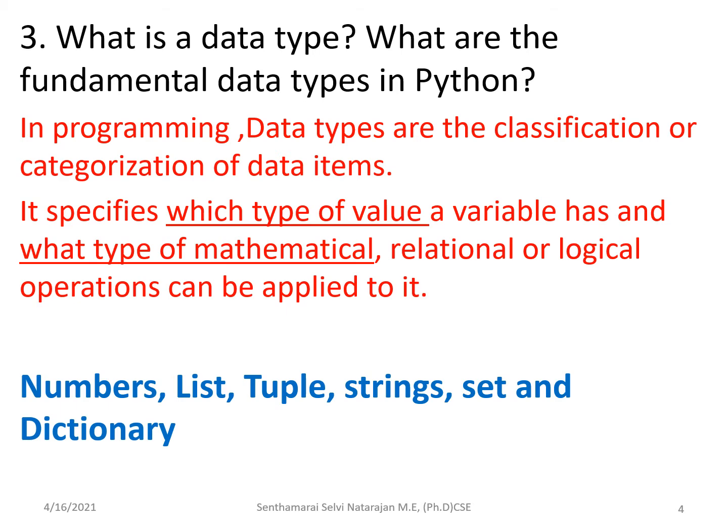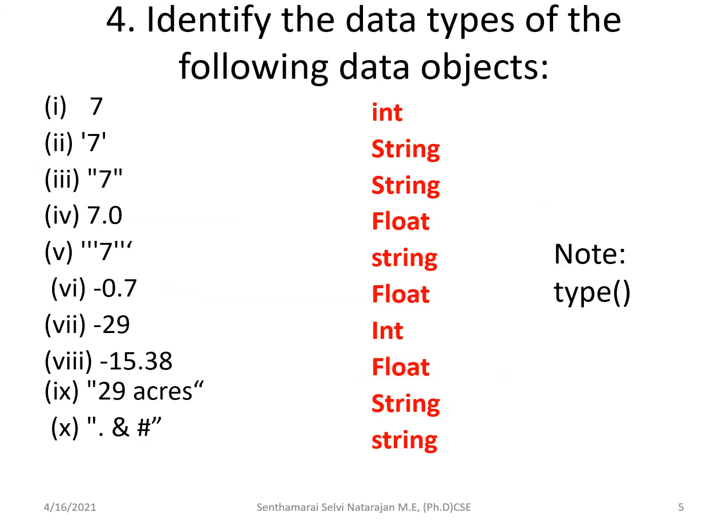Moving to the next question. Identify the data types of the following data objects. They have given a set of objects, and you have to identify the data type of each object. Whenever a number is enclosed in single or double quotes, it is a string, and a number without quotes is an integer or float.